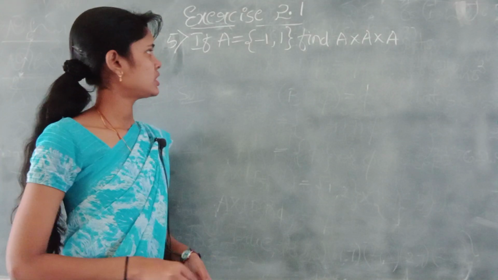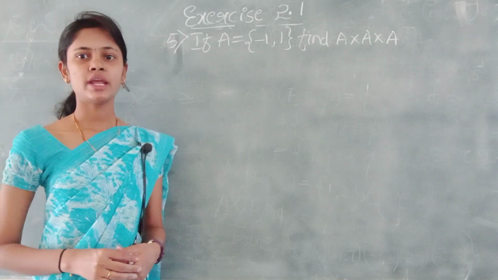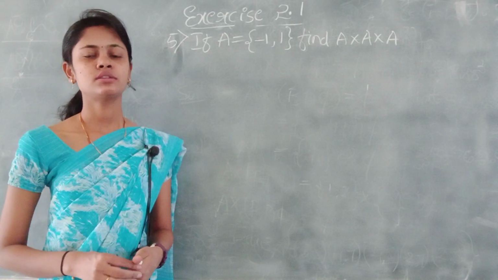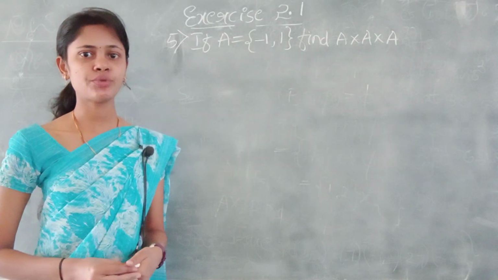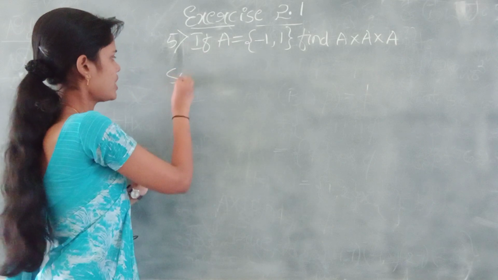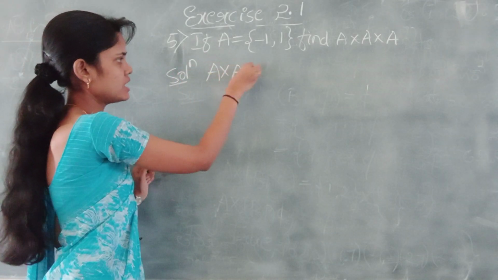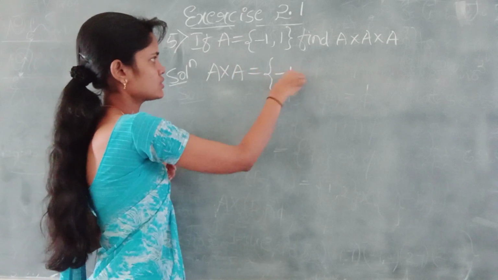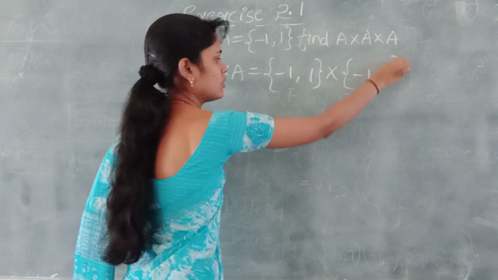Next example. If A is equal to minus 1, 1, then find A cross A cross A, that is the triplet of A, as we discussed in the definition of the triplet of A. So firstly we have to find out A cross A. A cross A is equal to, how can we write, minus 1 comma 1 cross minus 1 comma 1.